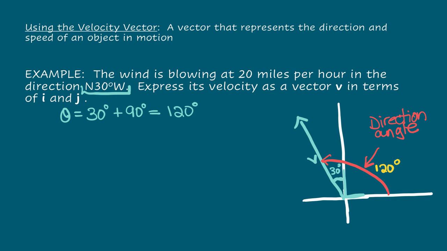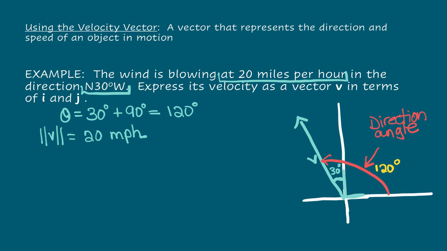So that's what we're going to work with. Our magnitude is given, and that's 20 miles per hour. We're told the wind is blowing at 20 miles per hour.